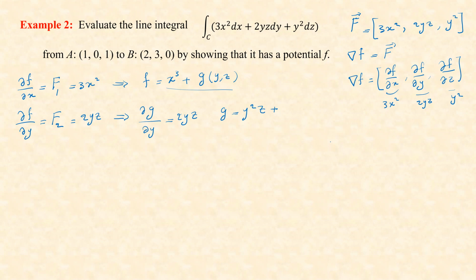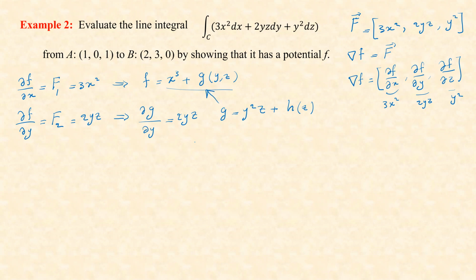A constant as far as y and x are concerned, so it becomes a function of z in general, right? And then if g is that, we put back in here.